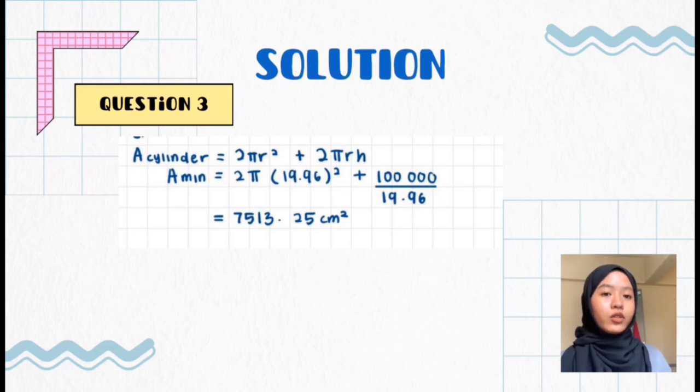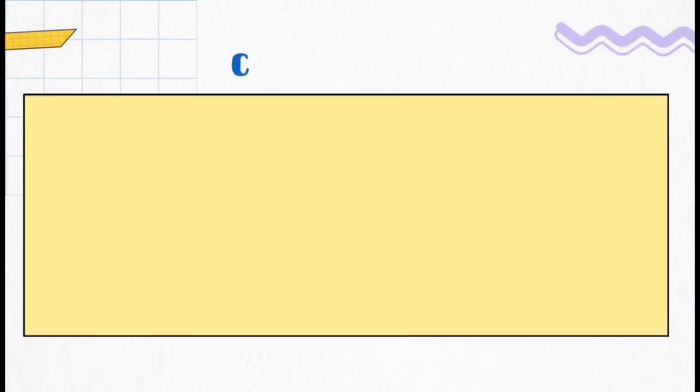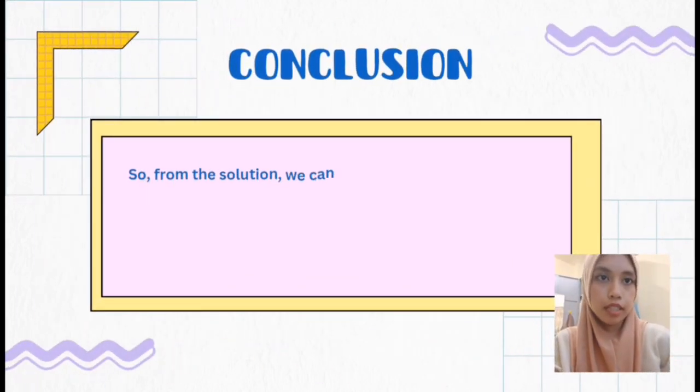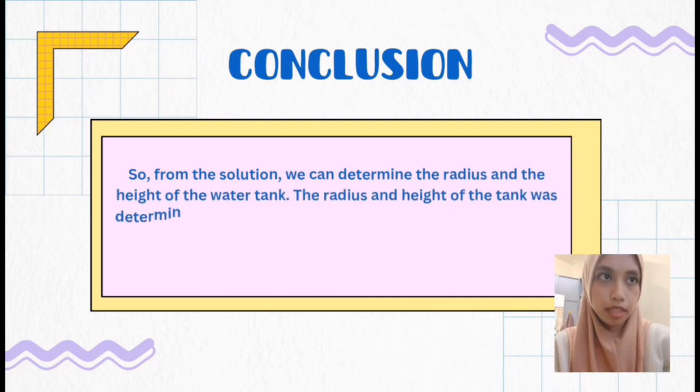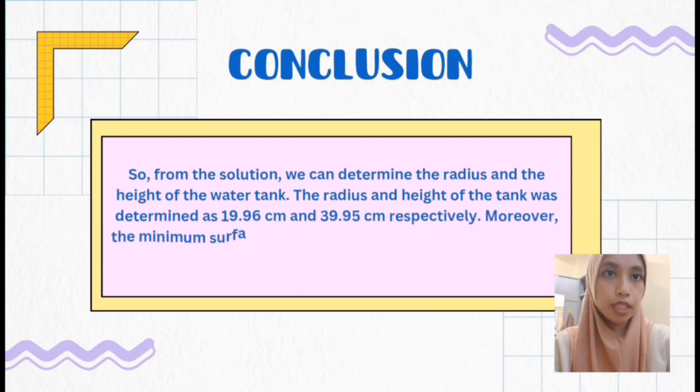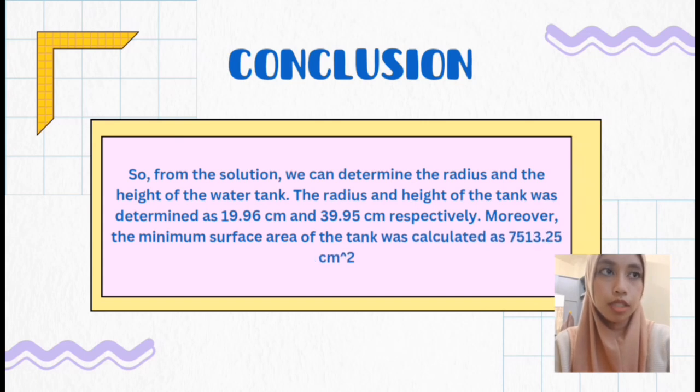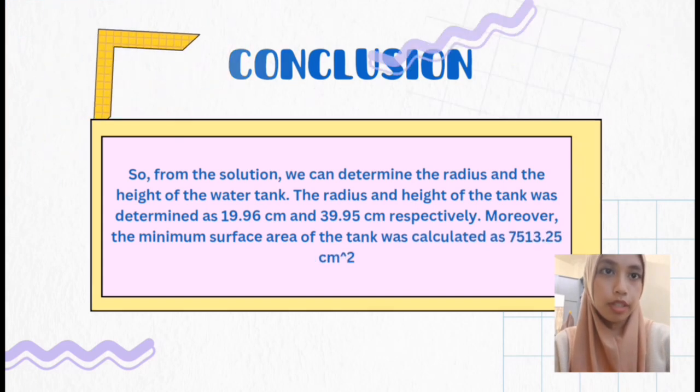So we got 7,513.25 cm², which is the minimum surface area of the water tank. From the solution, we can determine the radius and height of the water tank as 19.96 cm and 39.95 cm respectively. Moreover, the minimum surface area of the tank was calculated as 7513.25 cm².